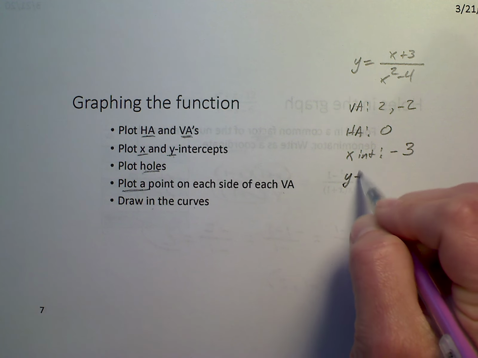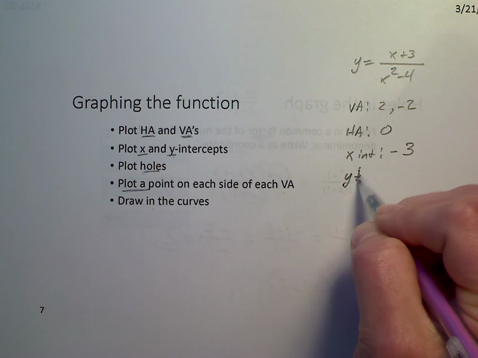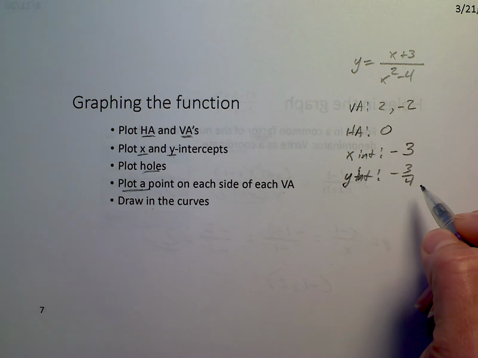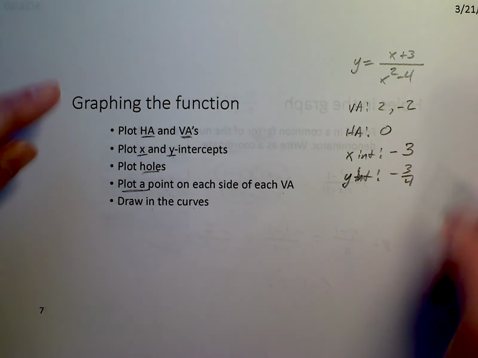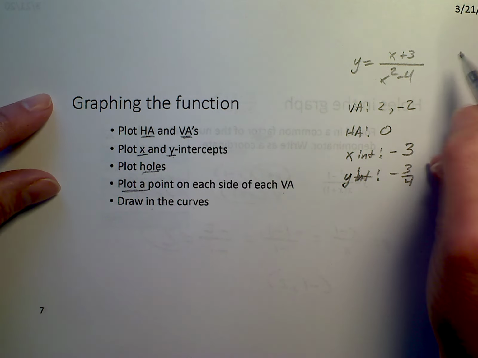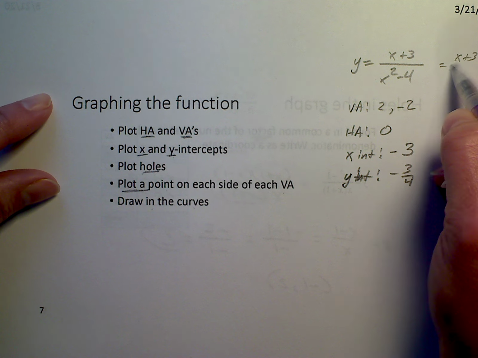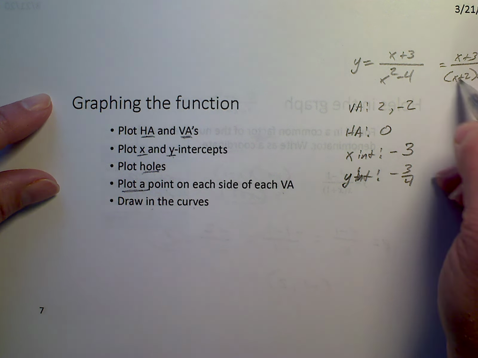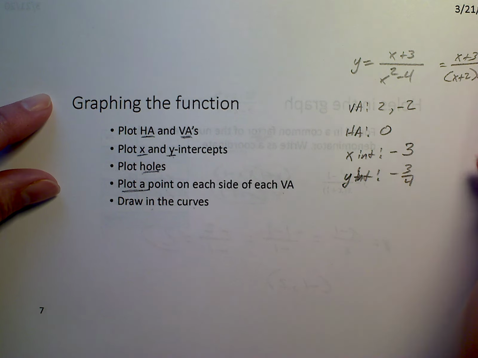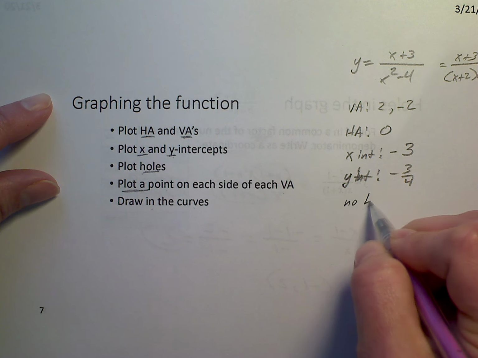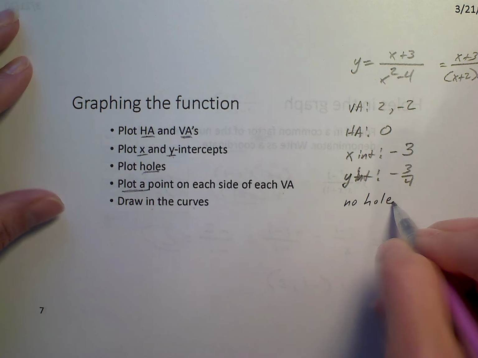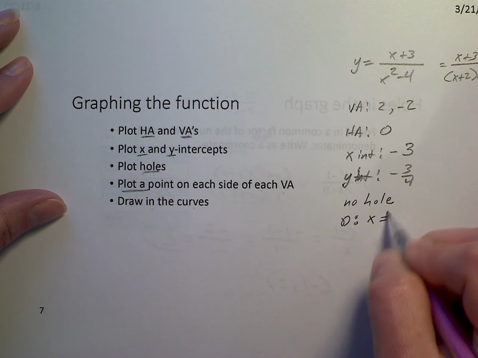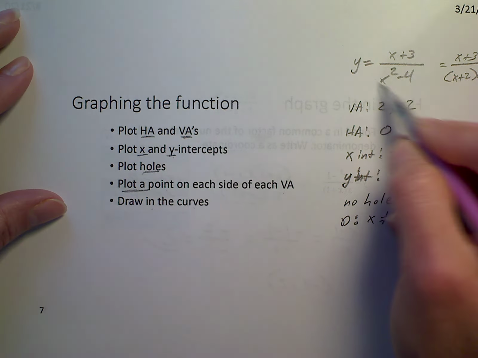And we found it had a y-intercept, there we go, at negative 3/4. Okay. We also looked for a hole, but this one, when I factor it, this is difference of squares, right? When I factor it, there's no common factors, so no hole. Okay. For the domain, all the numbers are good except 2 and negative 2.